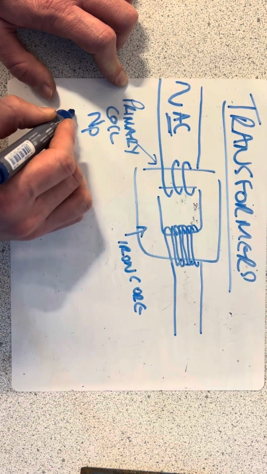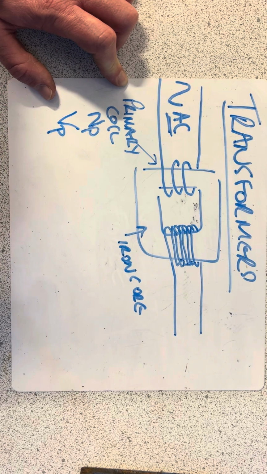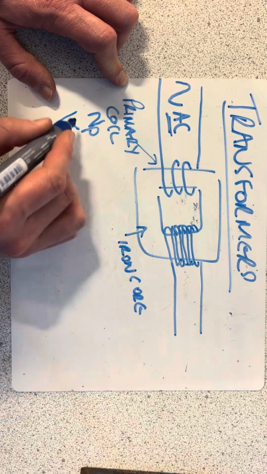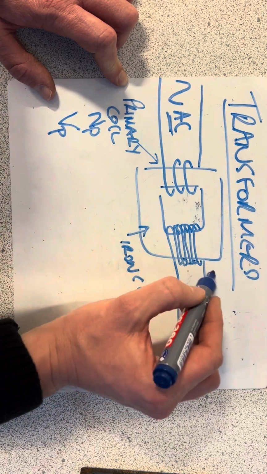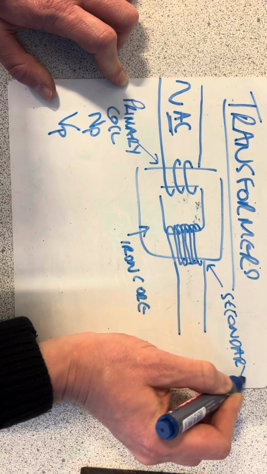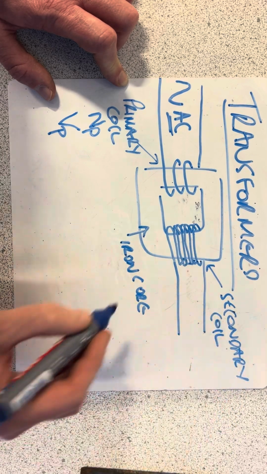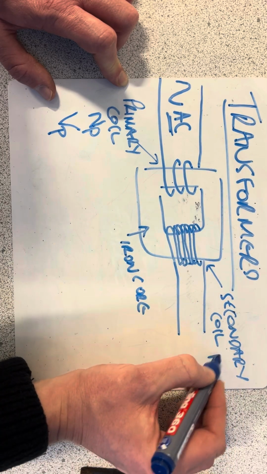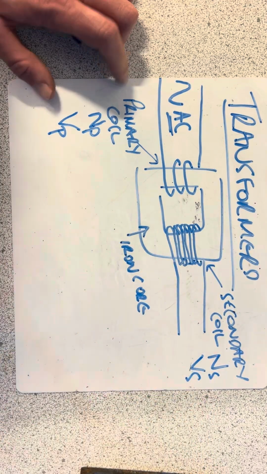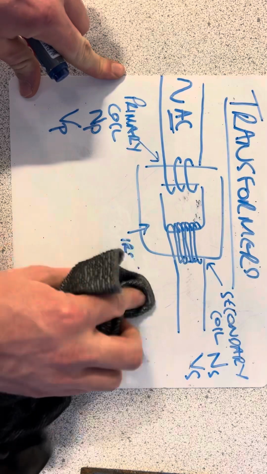This will also have an alternating potential difference across it of VP, so voltage primary. And this side, we've got our secondary coil. And again, this is going to have a number of turns, NS, and it's going to have a potential difference across it, VS.